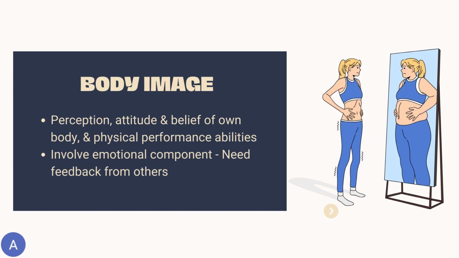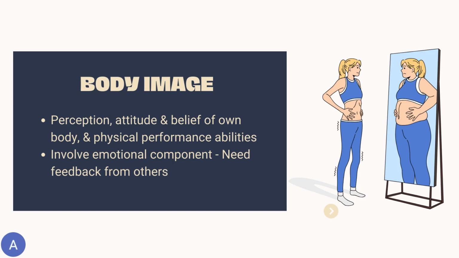But body image usually does not come out correct, because it is the way you perceive your attitude and your belief of your own body and physical performance abilities. It could be that you see yourself as someone very fat, or someone very slow, but in real life, if you compare with your friends, you are actually at the normal level, not very fat, and your speed is just okay.